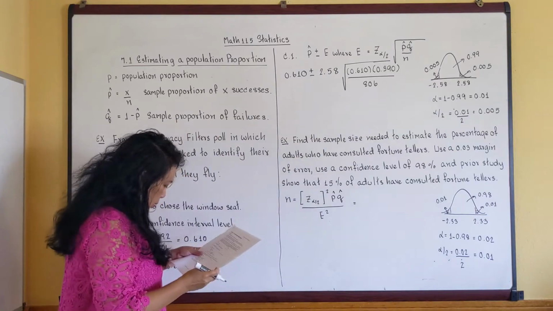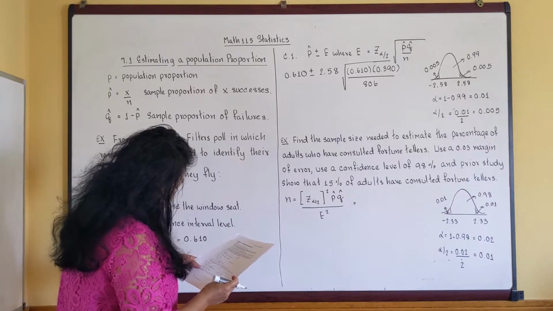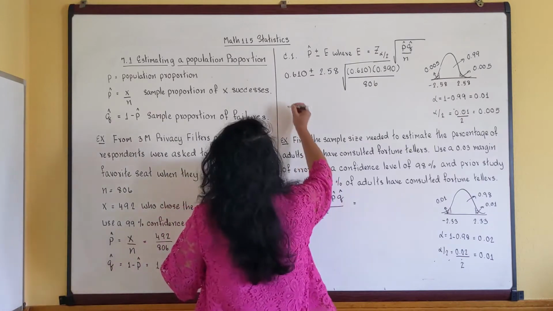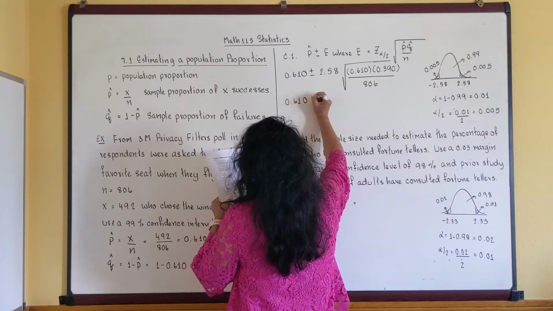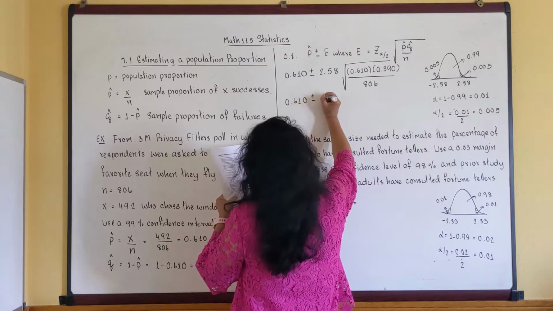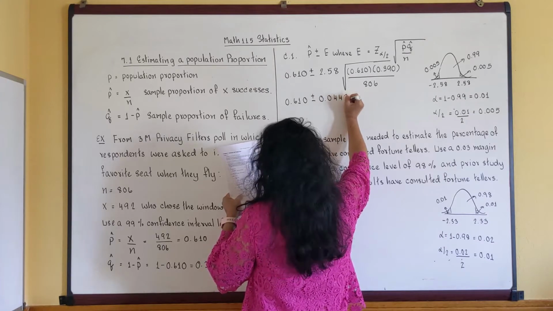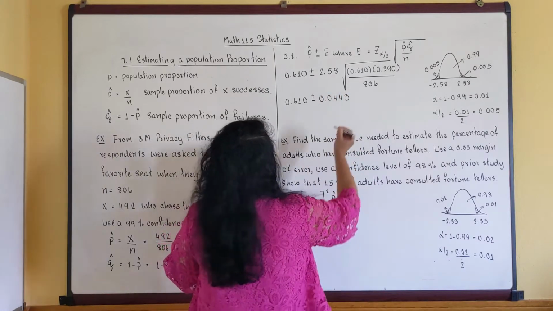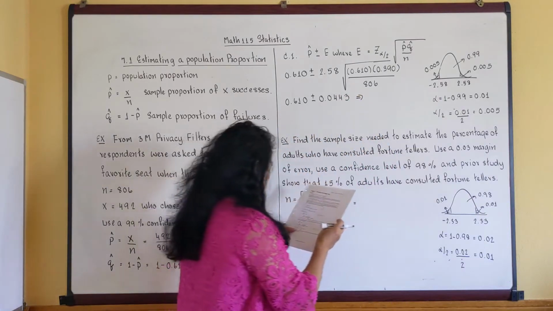So if I calculate this, I would have 0.610 plus and minus 0.0443.